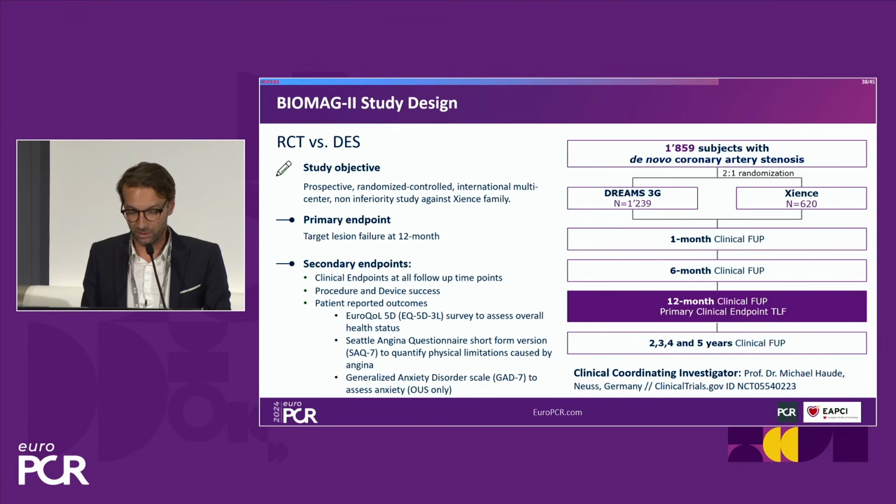Biomag 2 has now just started, and it's a randomized controlled trial evaluating the FreeSolve against the Xience family with a primary endpoint of target lesion failure at 12 months.